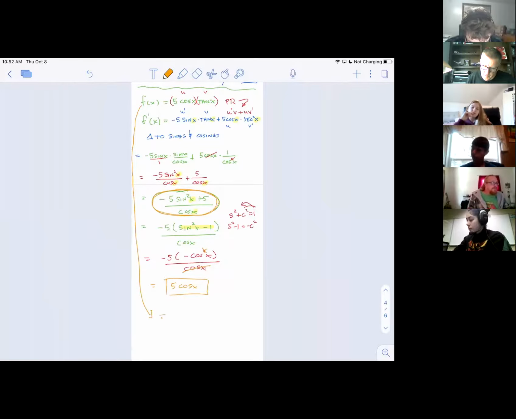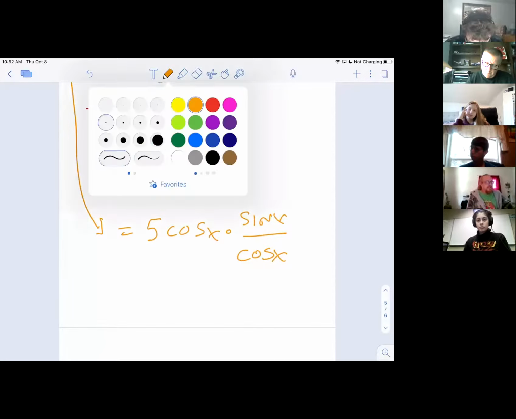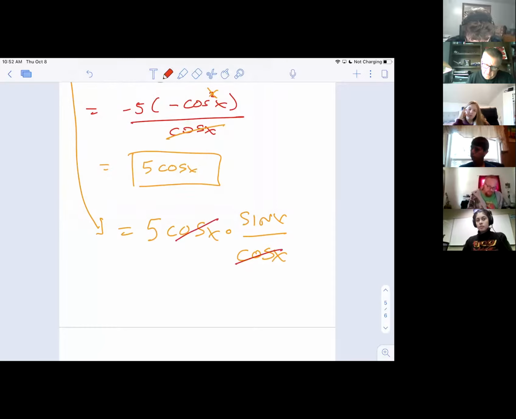If you wrote 5 times the cosine of x and even right then switched tangent into sine of x over cosine of x, what do you notice about that statement before you even start? You could cancel out cosine of x. Yeah, those cancel out. And so the original problem then is just 5 times the sine of x. What's the derivative of sine of x? Cosine.